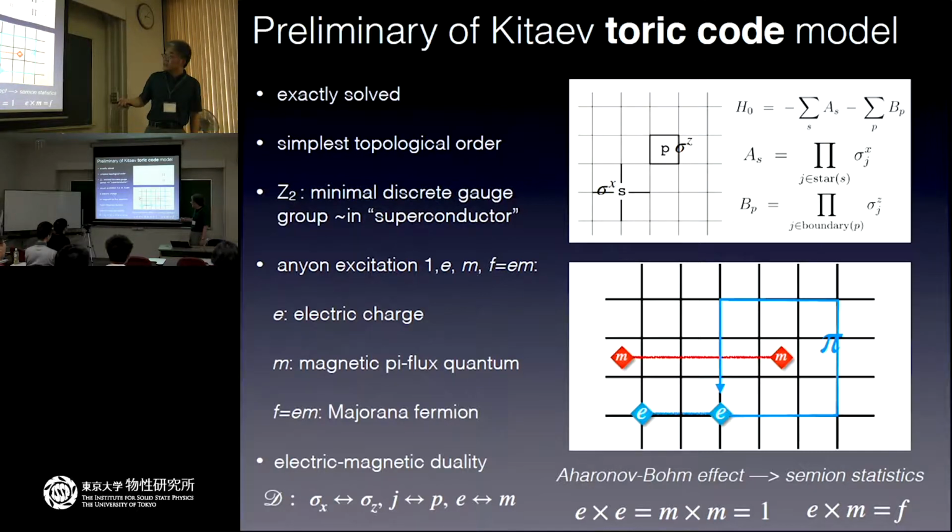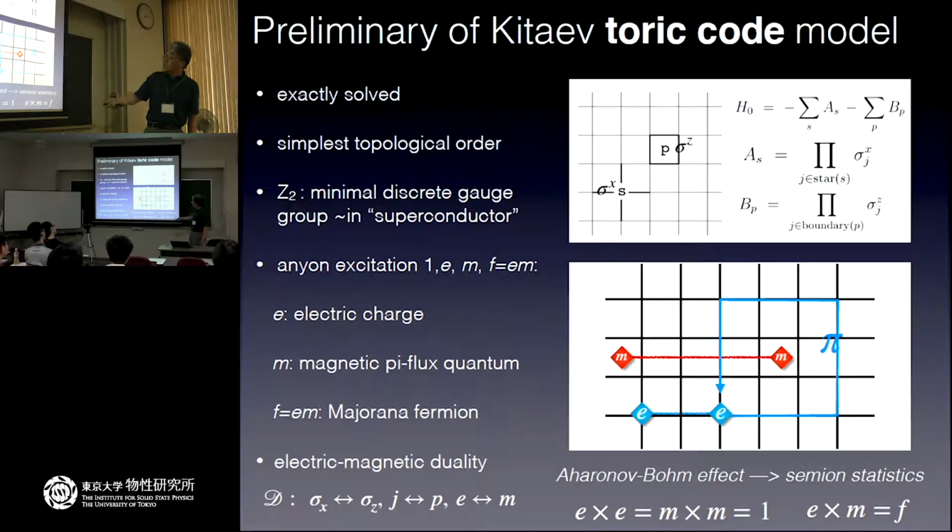Another important property of this model is the so-called electric-magnetic duality, which means when you switch sigma x to sigma z, and vice versa, and exchange the lattice vertex sites and the plaquette centers, this model doesn't change.